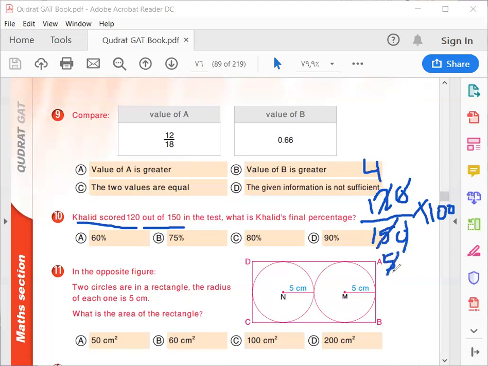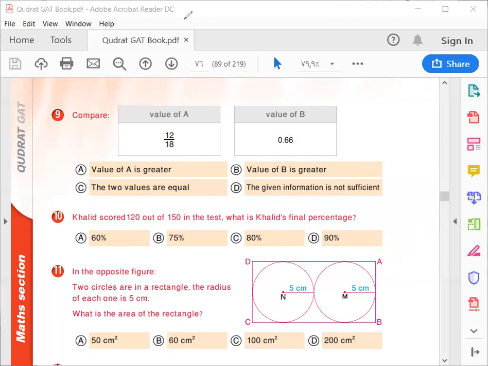Then you can also simplify between 5 and 100, it is here 20. Then you multiply 4 times 20, it is 80%. So the answer is 80%. Good? Right, good.